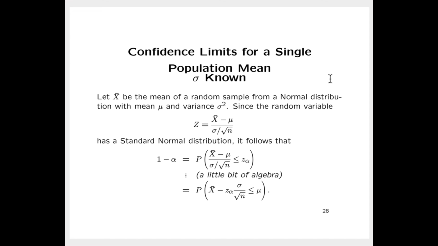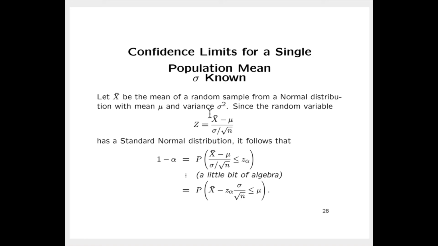So let x bar be the mean of a random sample of size little n from a normal distribution with mean mu and variance sigma squared. Now, the mean of a sample from a normal distribution has a normal distribution itself. The mean of its sampling distribution is the mean of the underlying population, mu, and its standard deviation is equal to the standard deviation of the underlying population divided by the square root of the sample size.